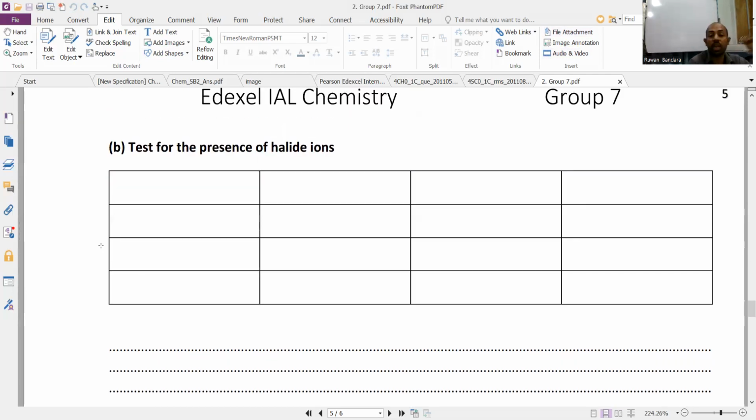Carbonates also produce a white precipitate with silver. That's why you have to add dilute nitric acid to remove the carbonate ions. Then write down: only silver chloride will be soluble in dilute ammonia.